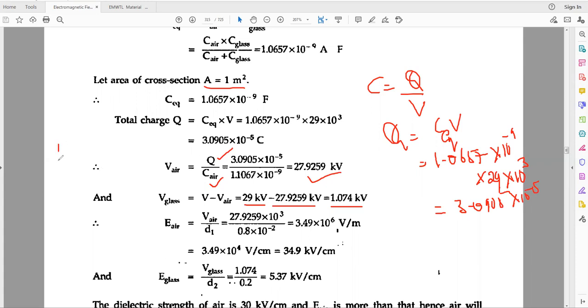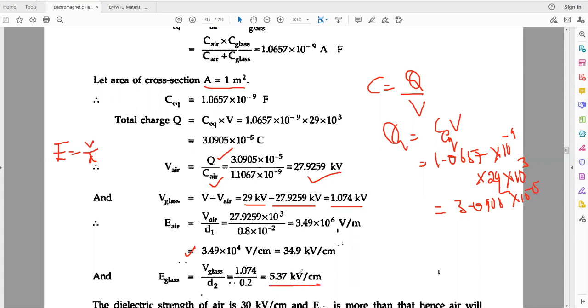We know the formula that the electric field is equal to the applied voltage divided by the distance. So E air is equal to V air by D1. The D1 given is 0.8 times 10 to the power of minus 2. We get E air, and E glass is V glass by D2, where D2 is 0.2, giving 1.74.